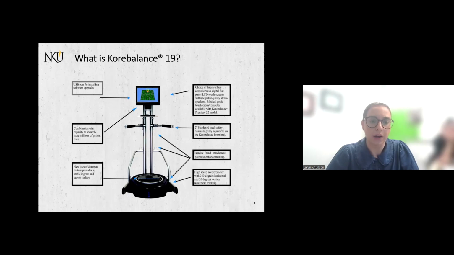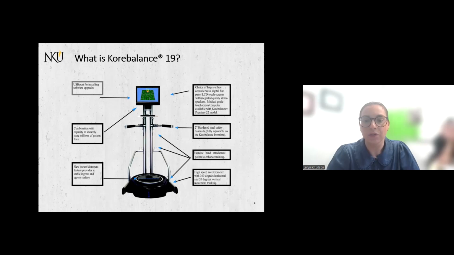So with this, you can see that there is a stability platform. The accelerometers are within the platform, and there's a screen here, which is how you operate the machine, looking at how you can conduct that baseline testing, static and dynamic testing, and games as well. And we're going to talk about that in a little bit.